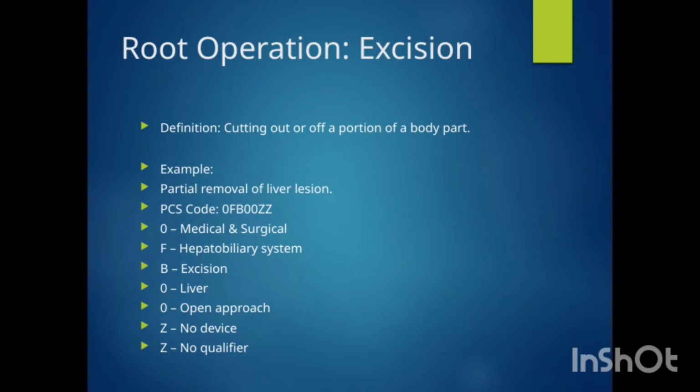The root operation here is called excision, which precisely describes the act of cutting out tissue. Recognizing this concept is important because it helps us understand the intent behind the procedure and how it's documented for medical records and billing. So, in summary, when we talk about cutting out a part of the body, we're referring to excision, and understanding this helps us grasp the scope of surgical interventions and their coding within the healthcare system.